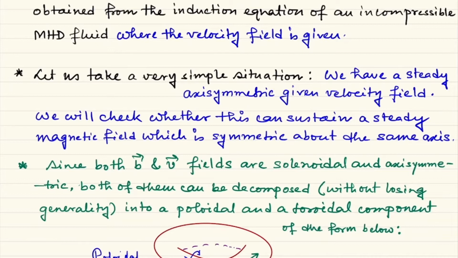Now how to do that? Cowling's original proof was not really very rigorous, but there is a short and much more rigorous proof of that, and in this lecture we are going to follow this proof.